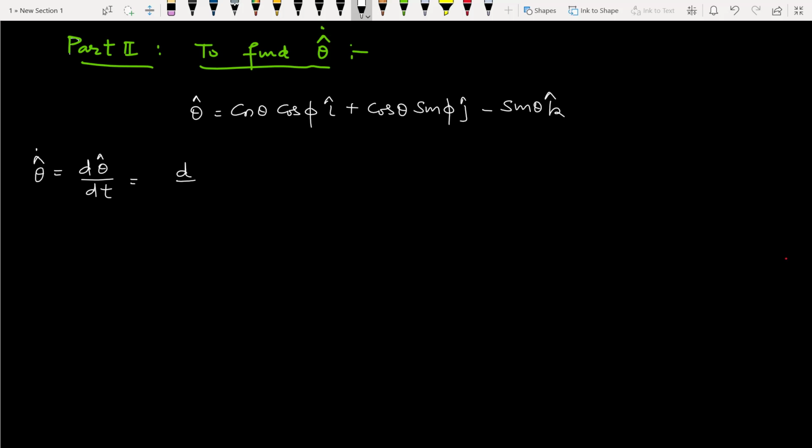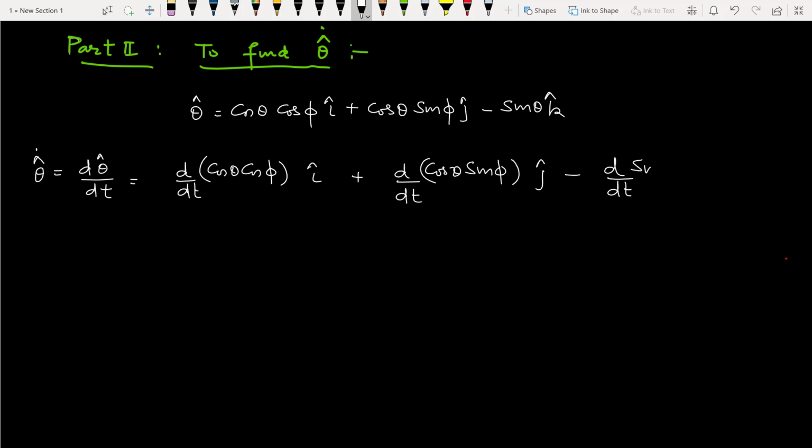So it is derivative of cos theta cos phi i cap, plus cos theta sin phi j cap, minus sin theta k cap. So if we take the derivative, again product rule, here also we will apply product rule one by one.